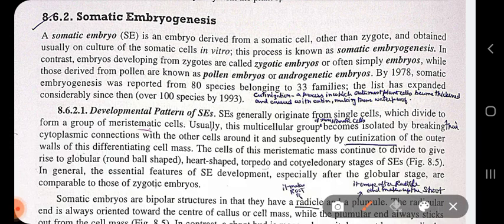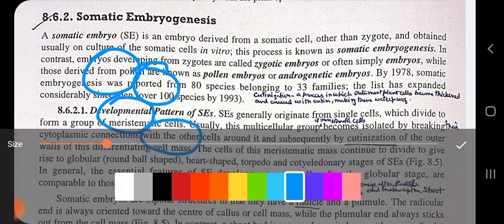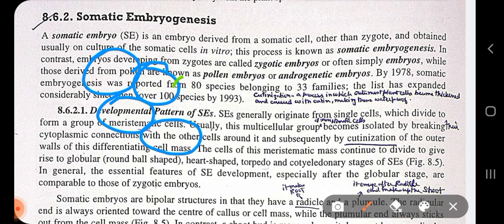Suppose it is a group of cells, and in that there is a meristematic cell, written in short form as MC.